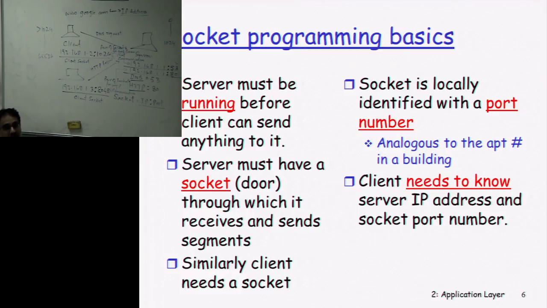So the UDP socket will directly start sending the byte streams to the UDP server socket, from the client socket to the server socket. Clear? But the client needs to know the server IP address along with its port number, meaning it should know the server socket.